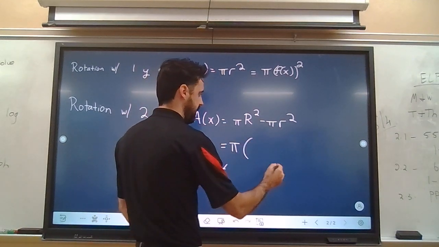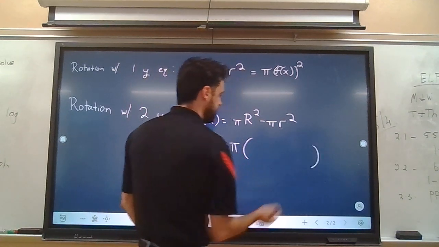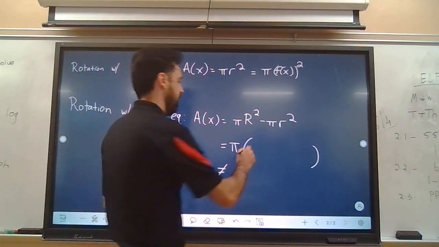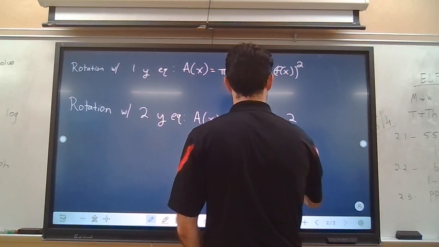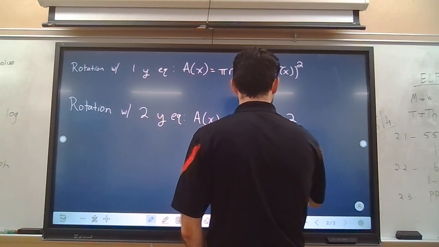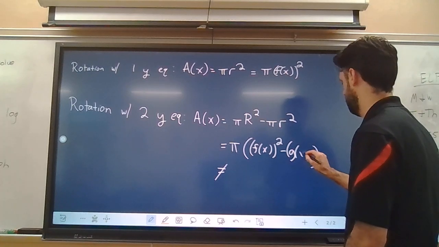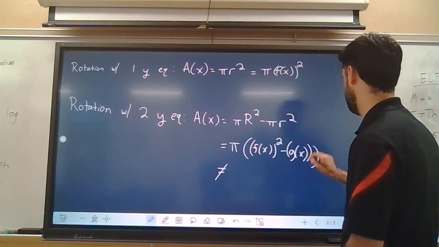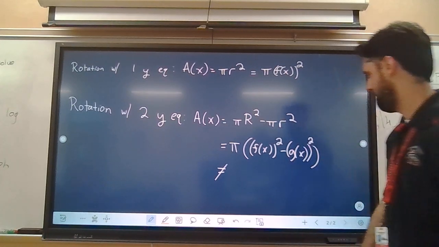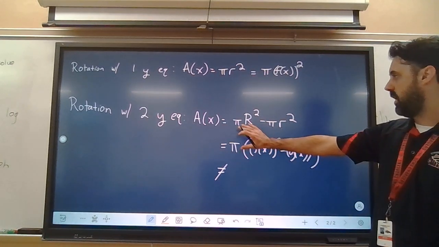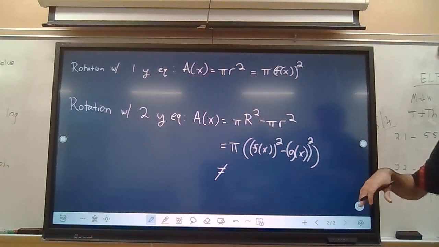All right, so I'm going to write it like this. We're going to have the bigger radius squared, so I'm going to call that f of x squared, minus the smaller radius squared, g of x, which is going to be squared like that. Okay, and so this is our area formula when we have two circles.